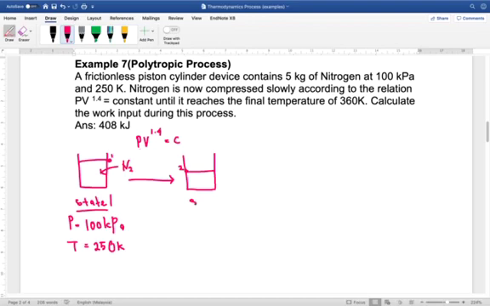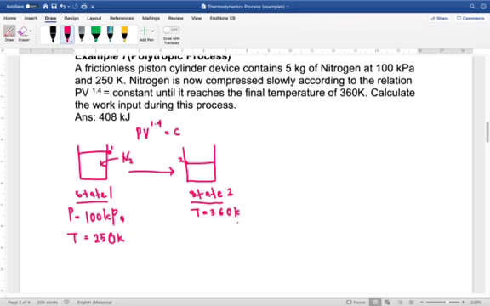Before we proceed, we write down the properties of state 2. So state 2, the temperature given here is 360 Kelvin.